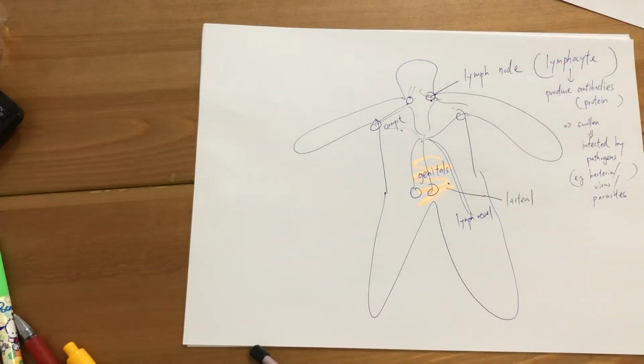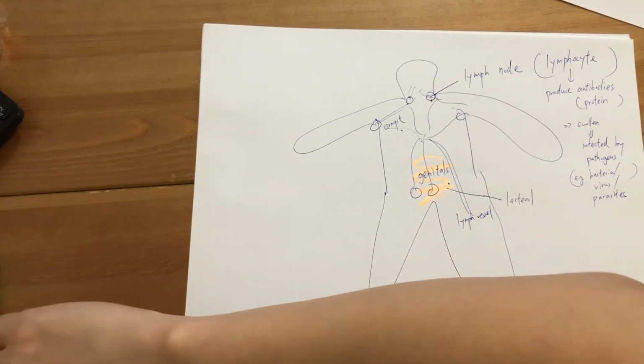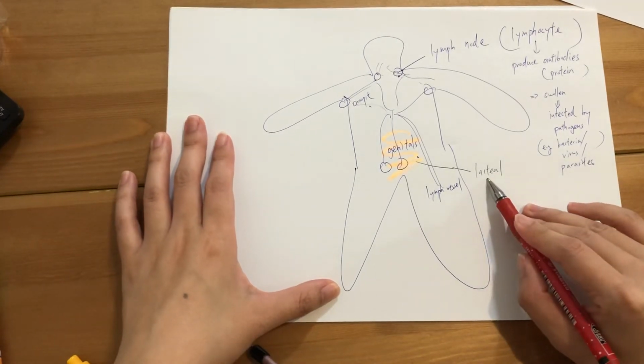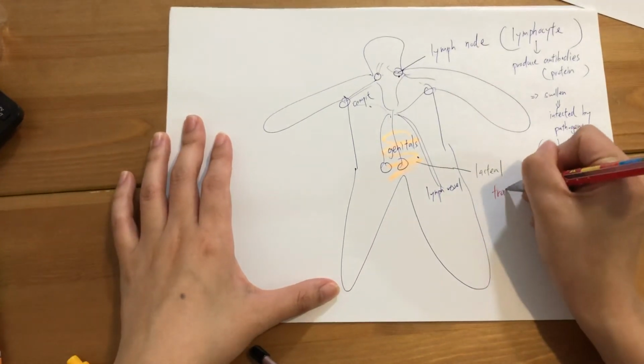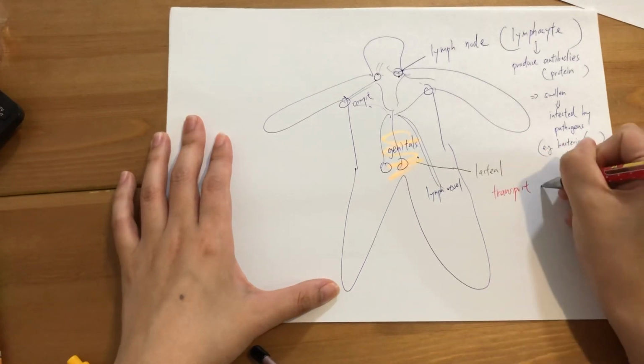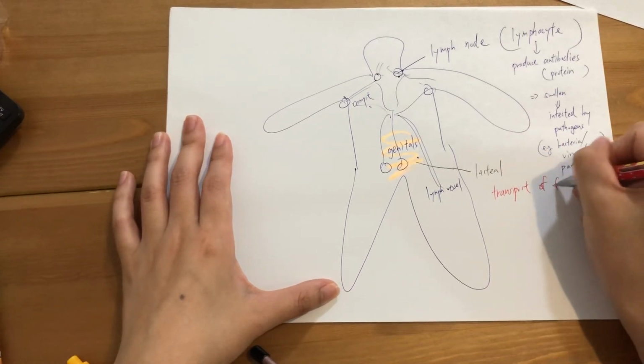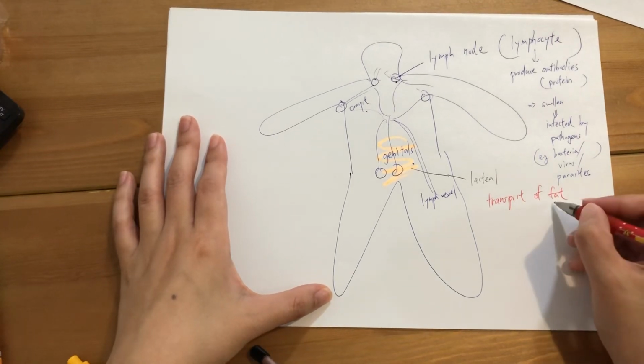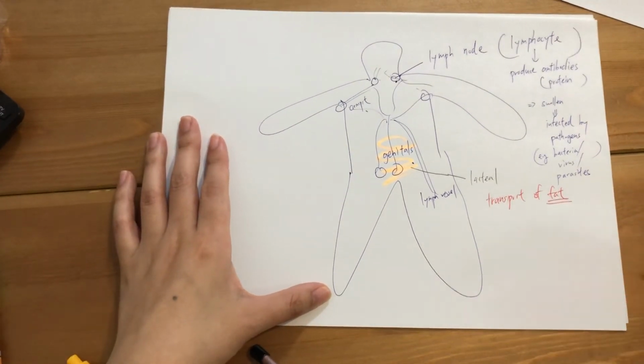So when we talk about the functions of the lymphatic system, we focus on two areas. For one area, it is related to the lacteal. It is for the absorption and transport of fat or lipid.